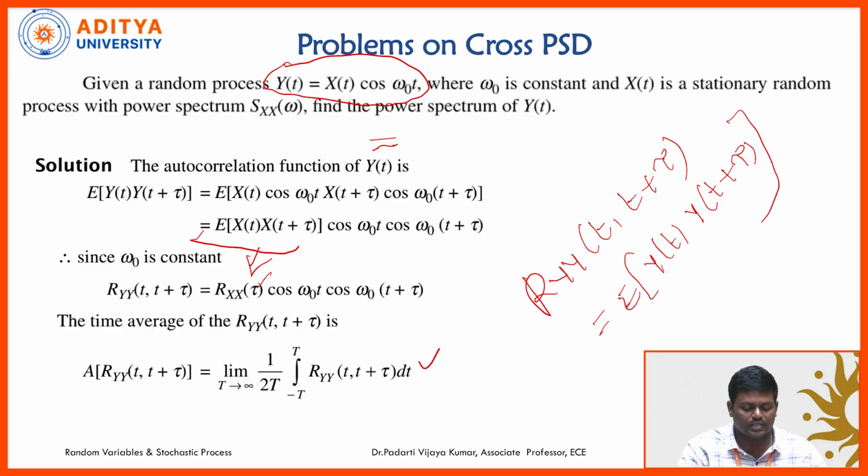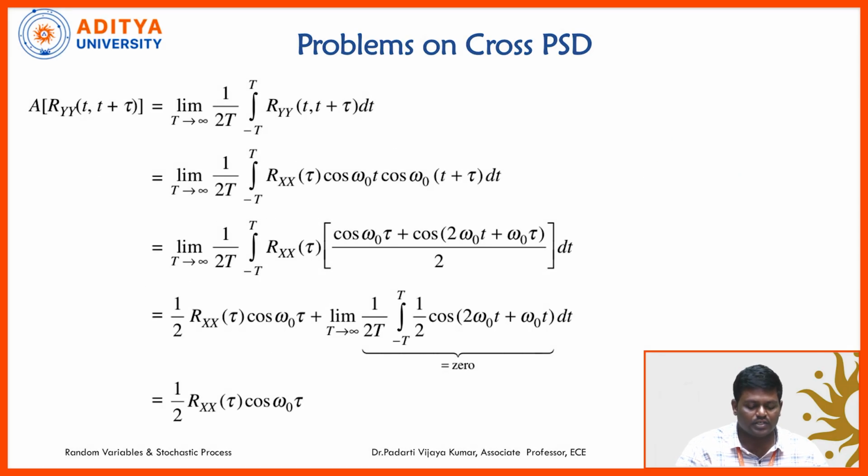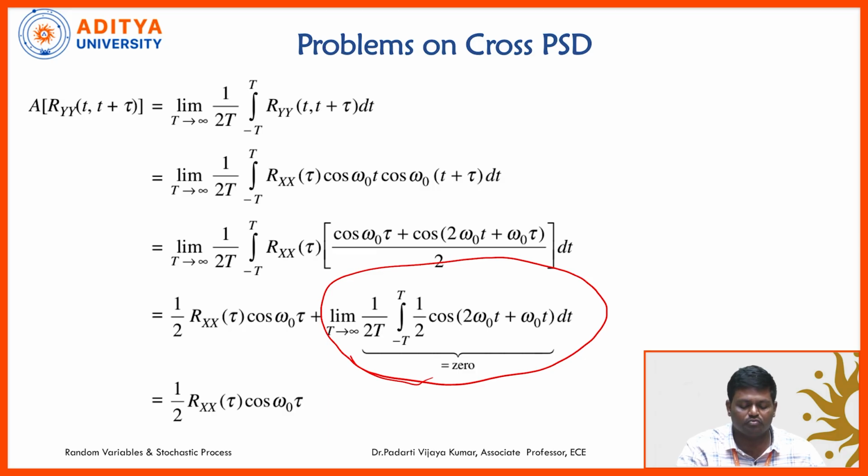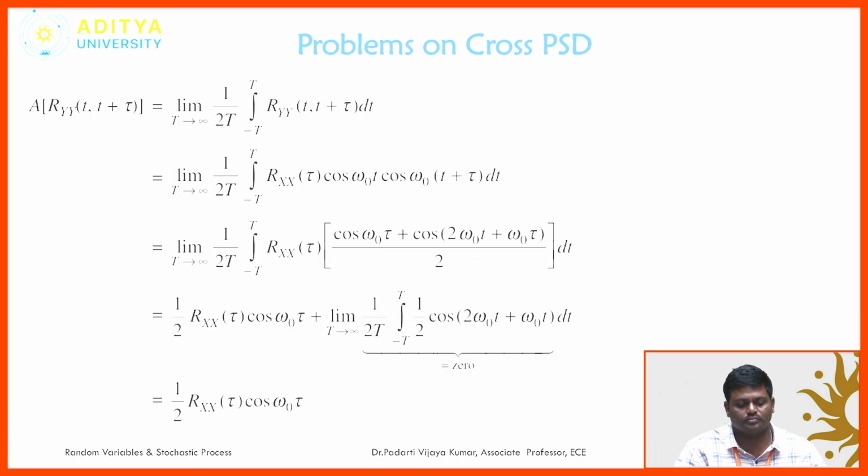Now we are computing the time average autocorrelation function. So applying the time average, this part will vanish. If you compute the integration for this one, the integration of cos will be sin t minus sin t, we will get 0. So the residue term which is available here is 1 by 2 Rxx of tau cos omega naught tau.